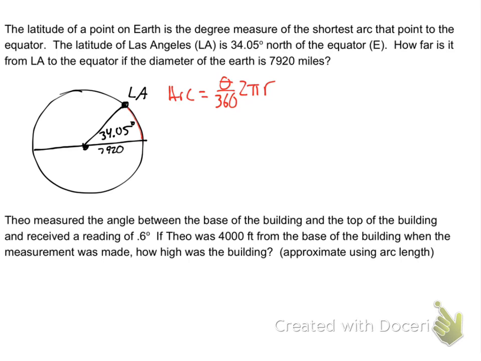Basically, I need to figure out how many degrees out of 360 that sets up the proportion to multiply to the circumference formula. How many degrees are there? Out of 360 times 2 pi radius.